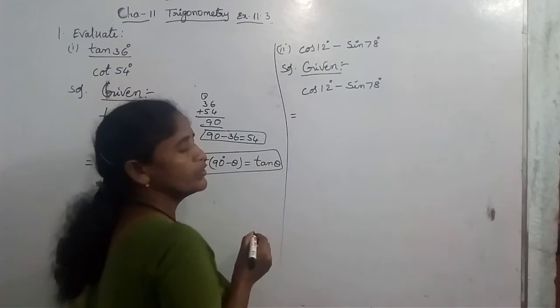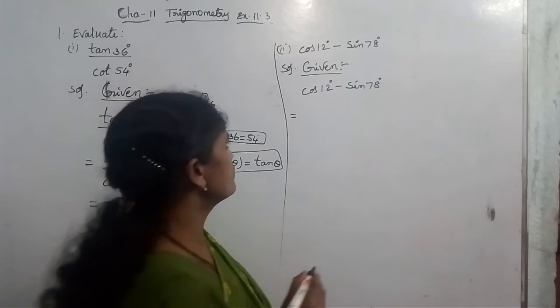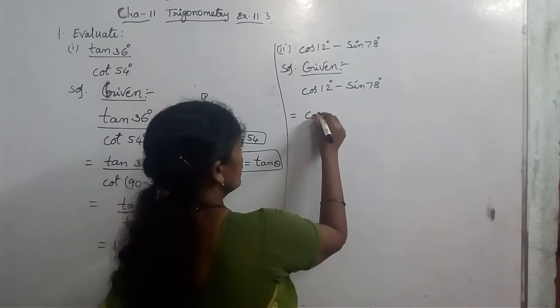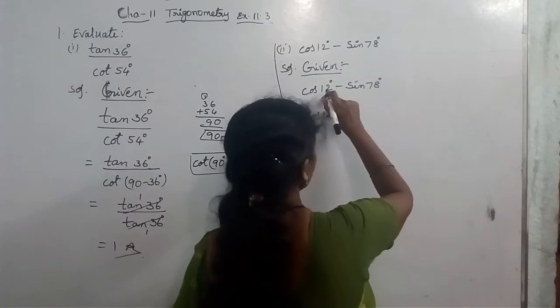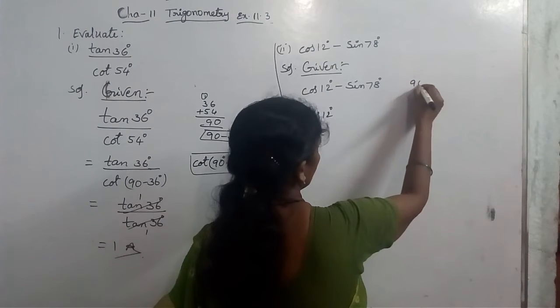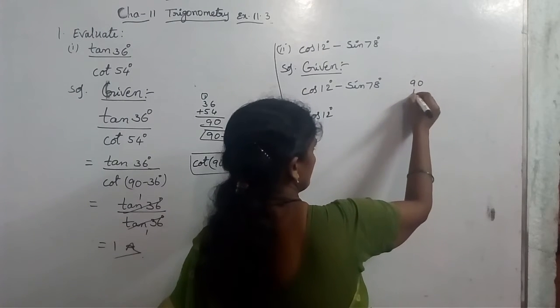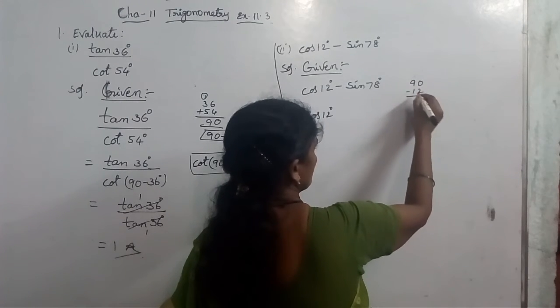In this also we need not disturb the first one. Cos 12 as it is, right? For 78, if you subtract 90 minus 12, it is equal to 78, isn't it? That means 90 minus 78 is also 12. 90 minus 78 is equal to 12, and 90 minus 12 is equal to 78.